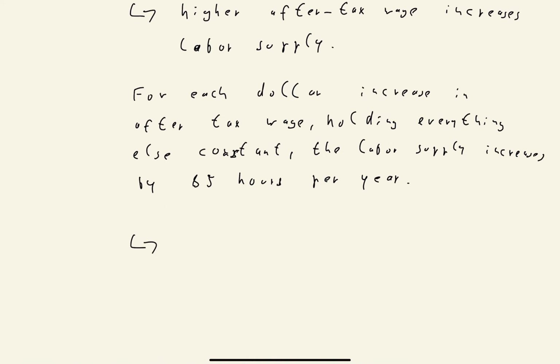Therefore, a $4 increase, as we had it in the sub-exercise description, means we have 4 times 85 equal to 340 hours increase of labor supply.